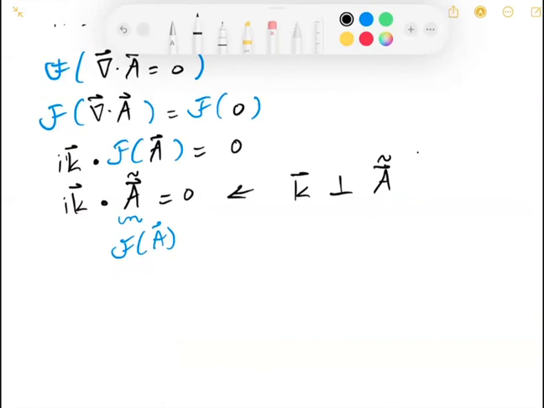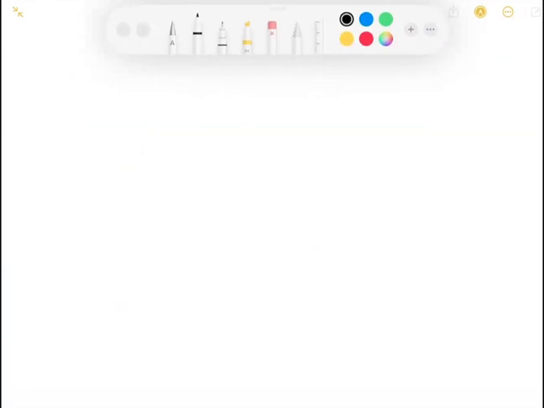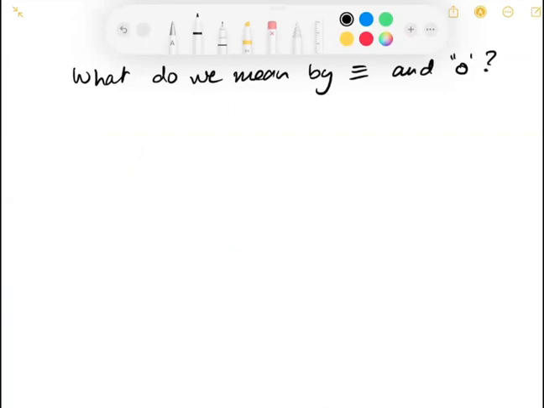Now, I want to talk about what the 0 means for a little bit, if you'll indulge me. So what do we mean by the identical 0? When we write something as 0 with these 3 stripes, let's talk about that a little bit.